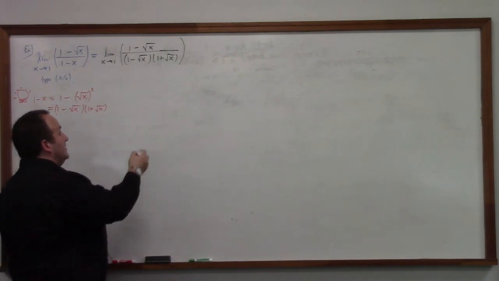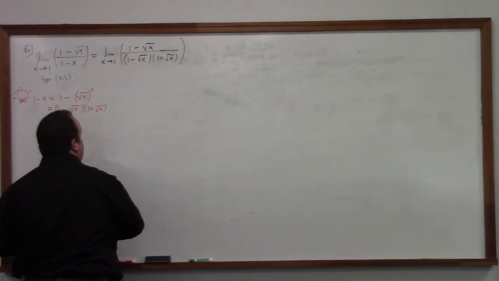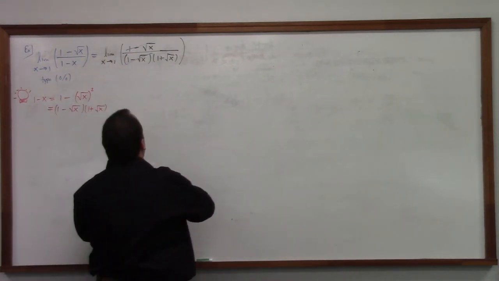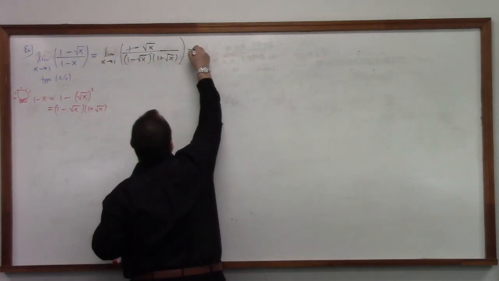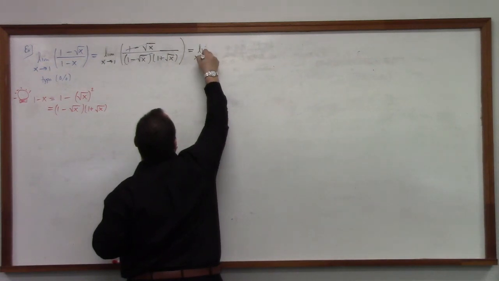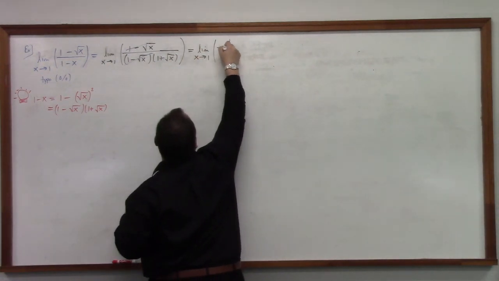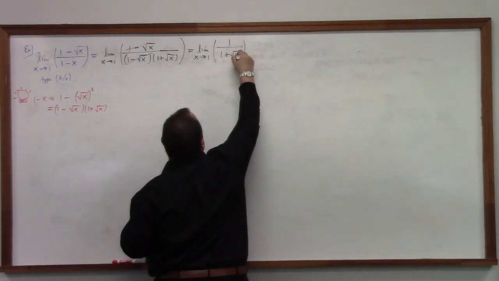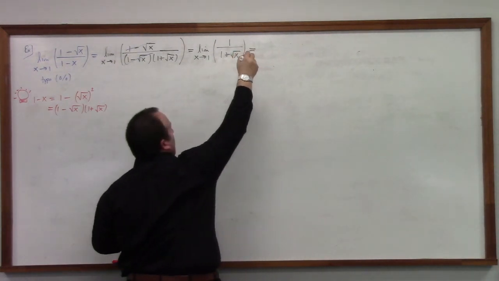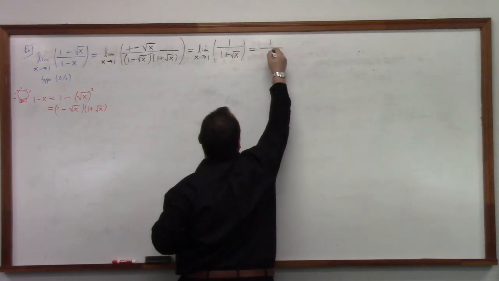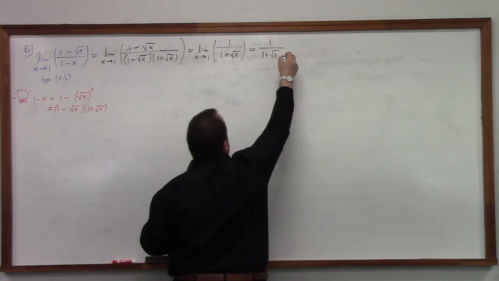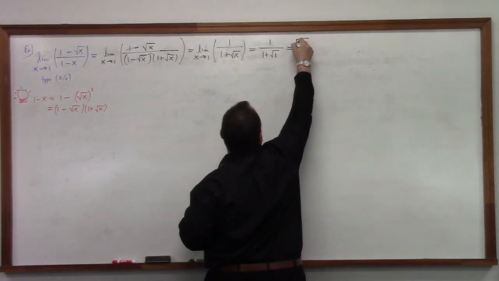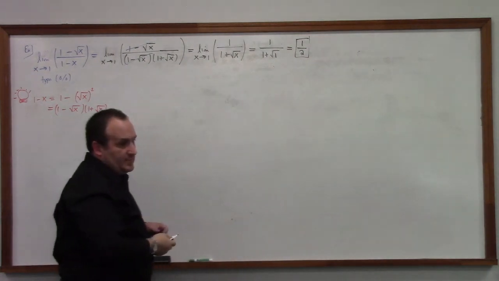We reduce the 1 minus root x, and then what happens? Yeah, we've just got the limit as x goes to 1 of 1 over 1 plus root x, and then now, put in 1 there, which is equal to what? 1 over 1 plus the square root of 1, otherwise known as 1/2.